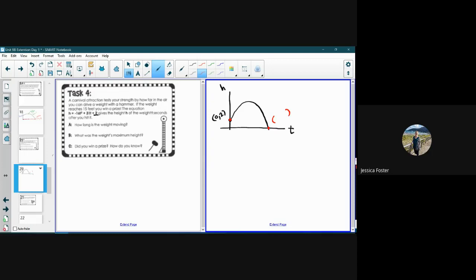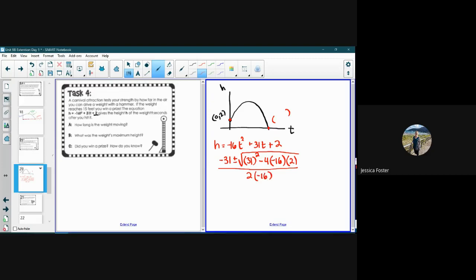So I've got h equals negative 16t squared plus 31t plus 2. Using the quadratic formula, negative b plus or minus the square root of b squared minus 4 times a times c, and all of this divided by 2 times a.